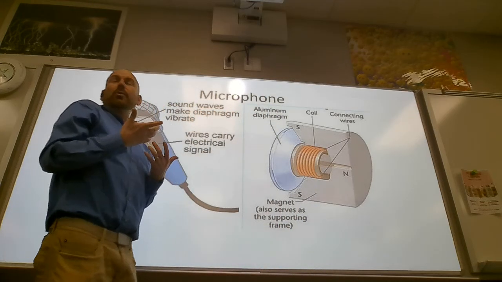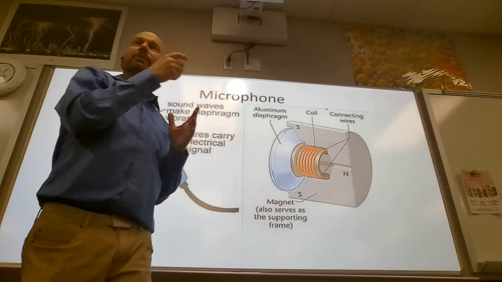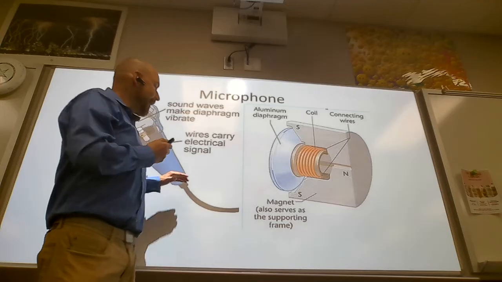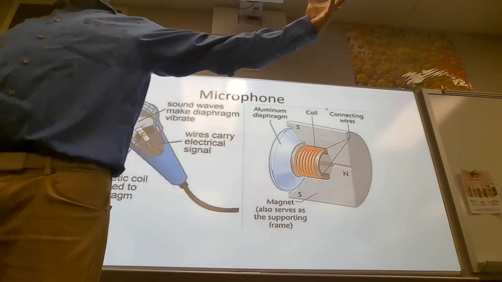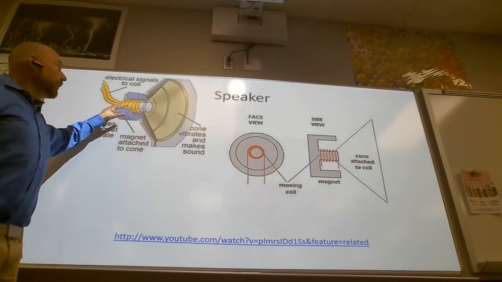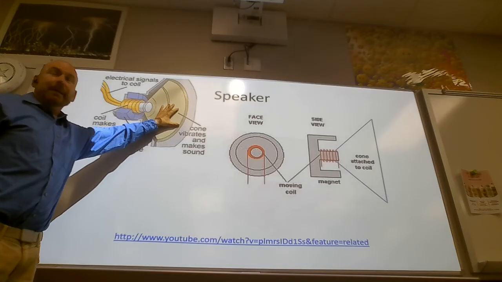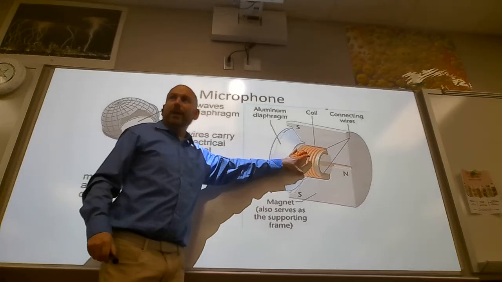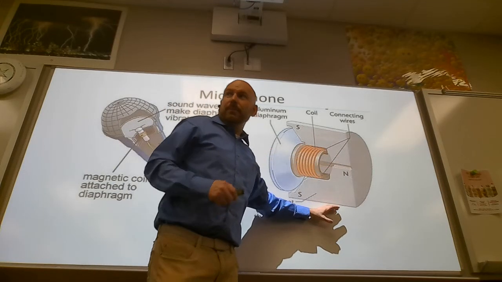It's like encoding your voice into electrical signals that are fluctuating back and forth. And that signal is passed to an amplifier, which amplifies it and then sends it to a speaker, which is a coil of wire connected to a diaphragm inside a magnetic field, just like the microphone has a coil of wire connected to a diaphragm inside a magnetic field.